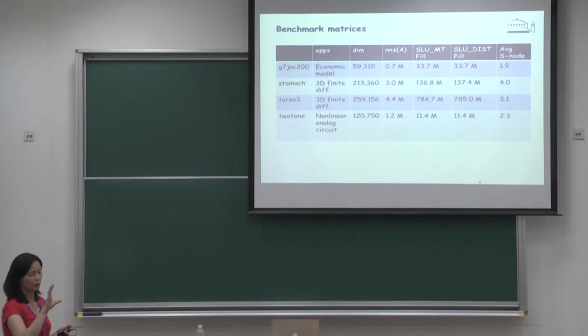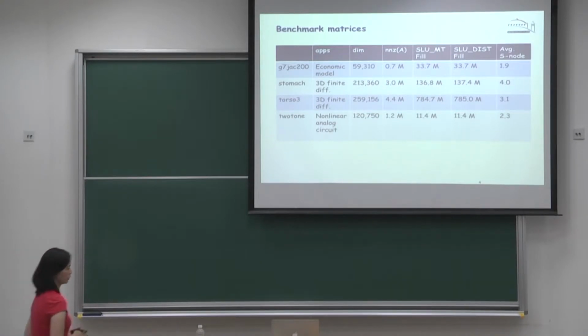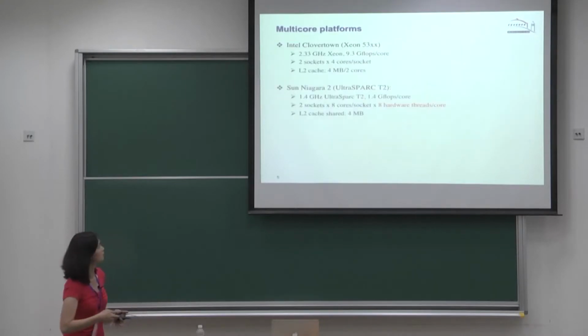Towards the end, the separators are bigger. The top level is biggest, then you cut by half, and the earlier levels become smaller and smaller. So from a nested dissection point of view, you can imagine intuitively the supernodes are getting larger towards the end. So the average actually doesn't say too much. You really have to look at the profile throughout the factorization.